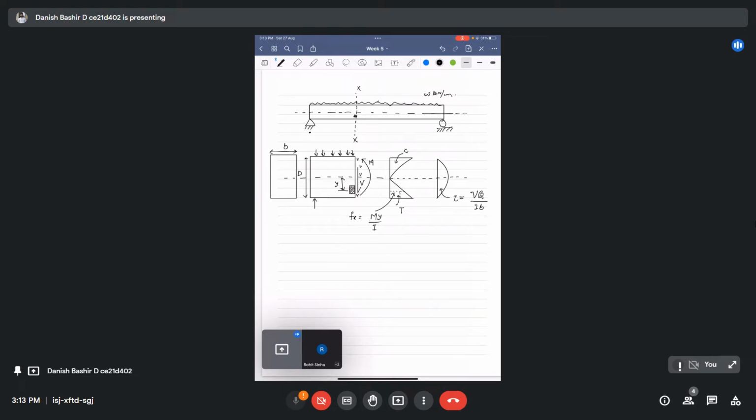So if we analyze this small section, we will see what are the stresses that will come on this. From this you will see that both normal stresses as well as shear stresses are coming. For example, normal stress I will draw like this. Fx is coming, I already showed you now.